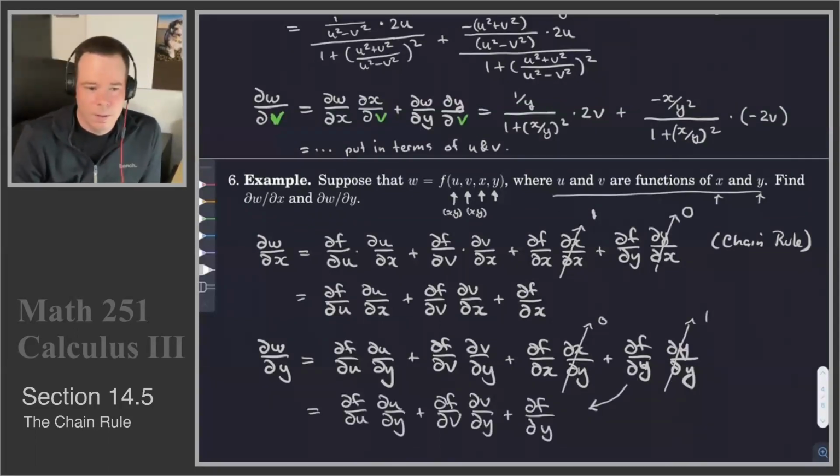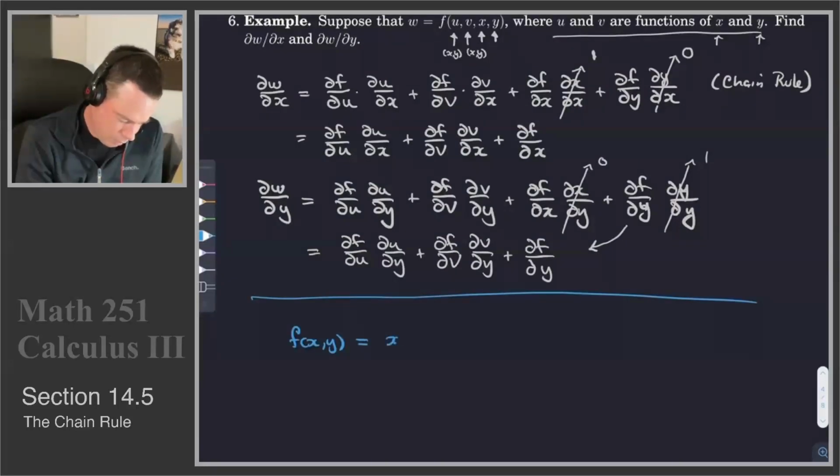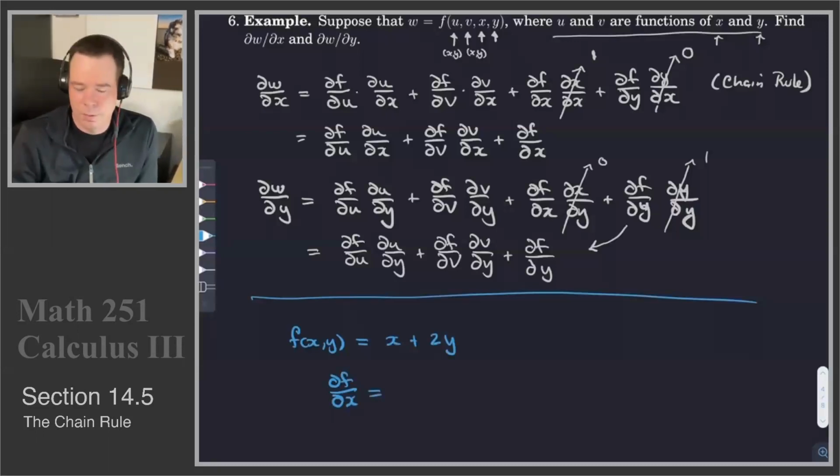Hi, Professor. Hi. Could you explain one more time why dy/dx and dx/dy is 0? Sure. Let's have a look at something we're used to seeing. Say I had a function f of x, y, which is equal to x plus 2y, something like that. And I asked for what is the partial derivative of f with respect to x. What would the answer be? So this is back to 14.2.